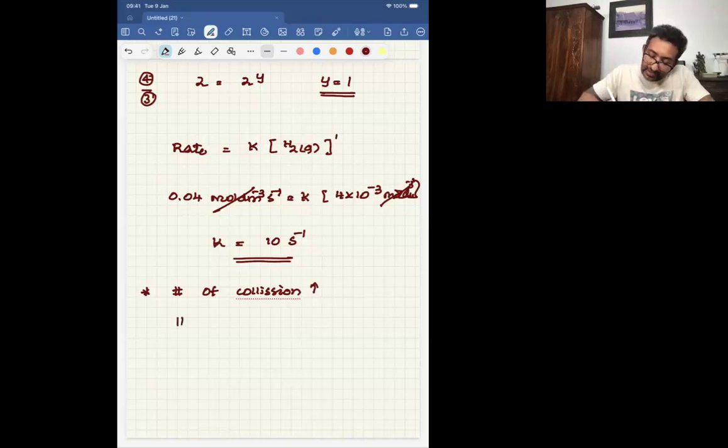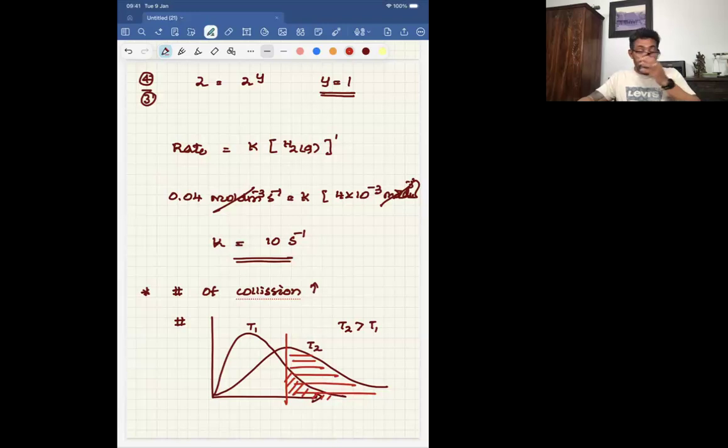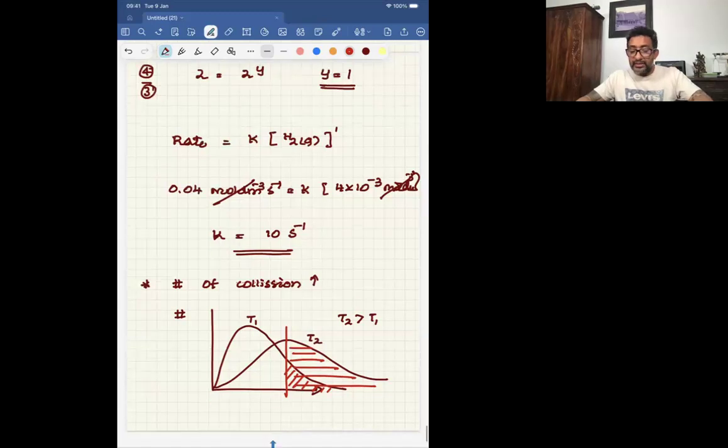Second one, the change in the Boltzmann distribution curve, right? If this is the distribution at a lower temperature, T1, and this is the distribution at a higher temperature, T2, T2 is greater than T1. So the number of particles that have overcome the necessary activation energy barrier has gone up. So therefore, the reaction takes place.